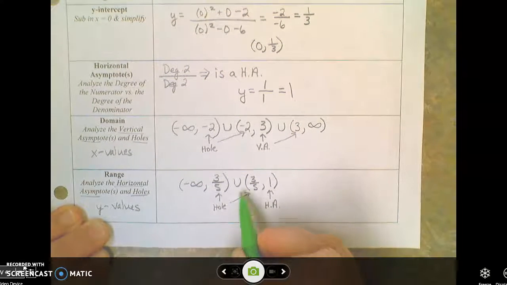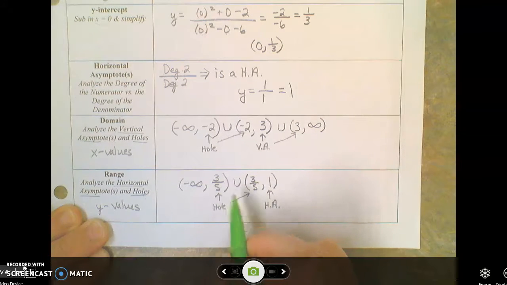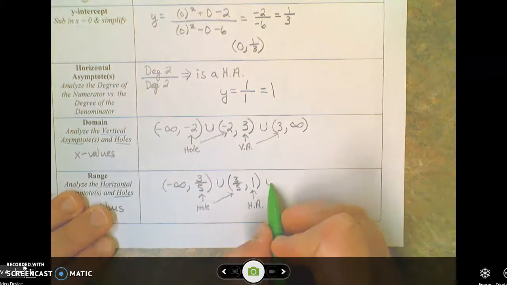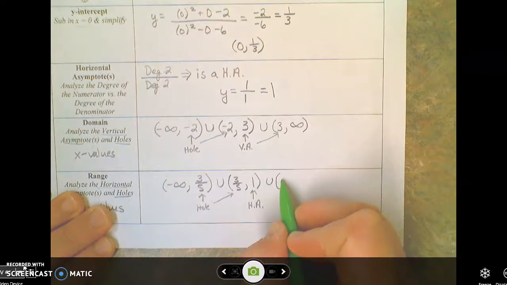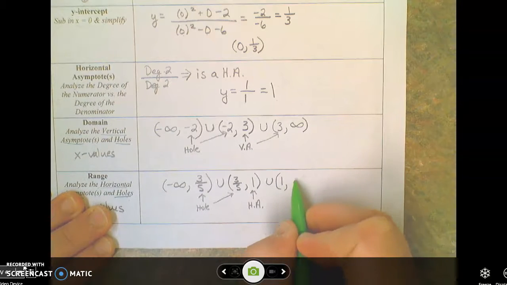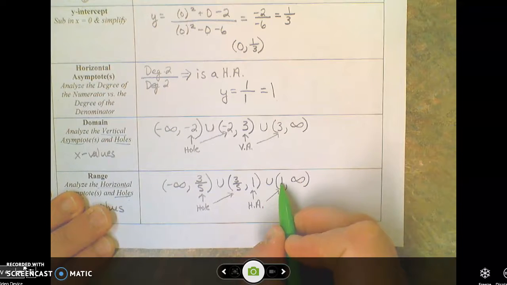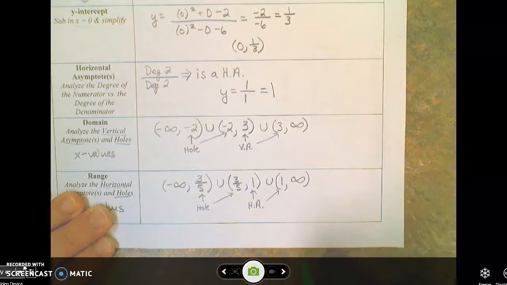So again, the 3/5 is not included because that is the y value of our hole. Now at our horizontal asymptote, the function picks up on the other side and then goes until +infinity. And this is, of course, the horizontal asymptote value.